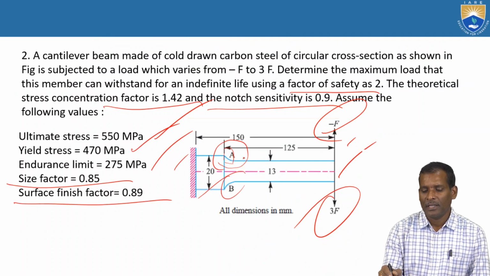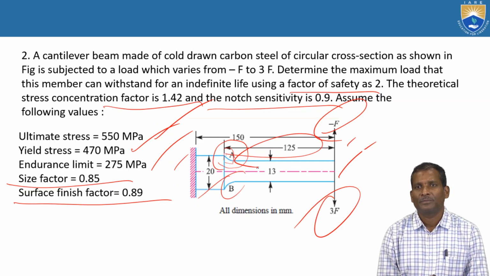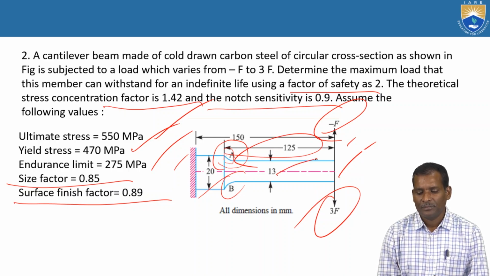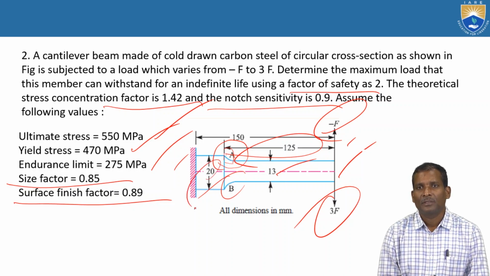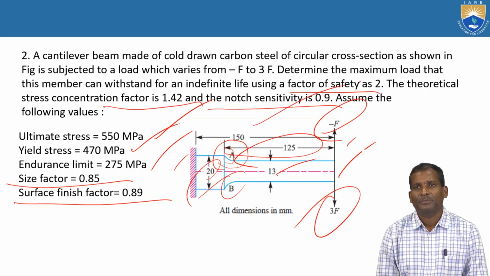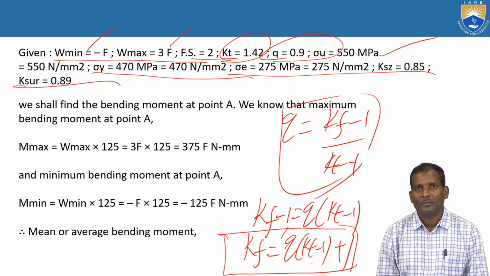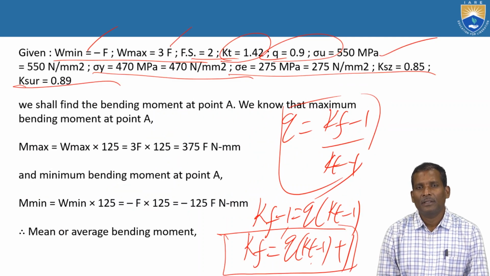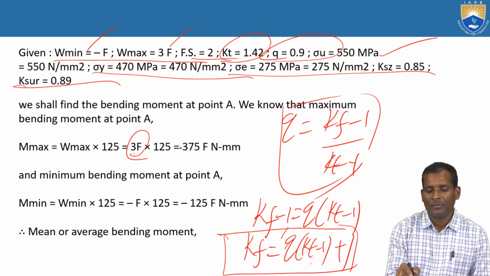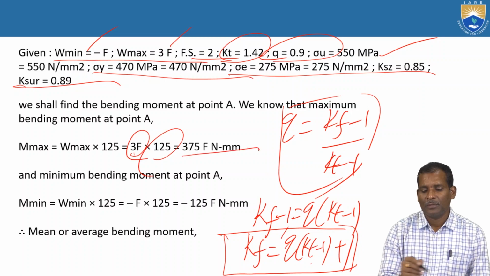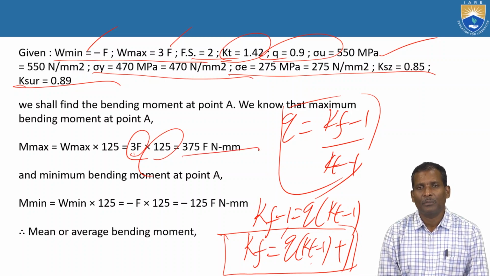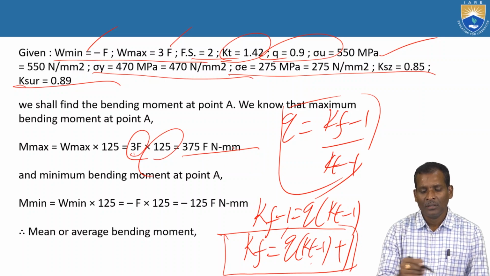So here at A, what is the distance? Maximum load multiplied with the distance 125. The diameter is 13. The change in cross section diameter is 13 and previously 20. The overall length is 150. Now calculate maximum bending moment. The maximum value is 3F into 125, so 375 F, in terms of F, Newton mm, the value calculated.